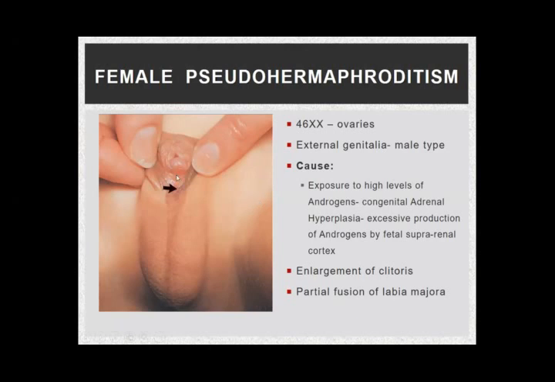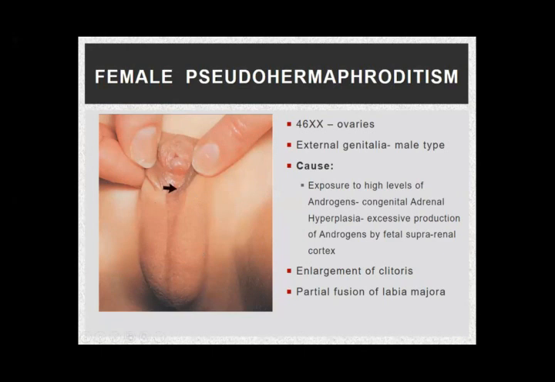Ovaries है इसलिए clitoris, but there is enlargement of the clitoris and there is partial fusion of the labia majora, so it resembles the testes. Okay, this is partial fusion of the labia majora, which resembles the testes.